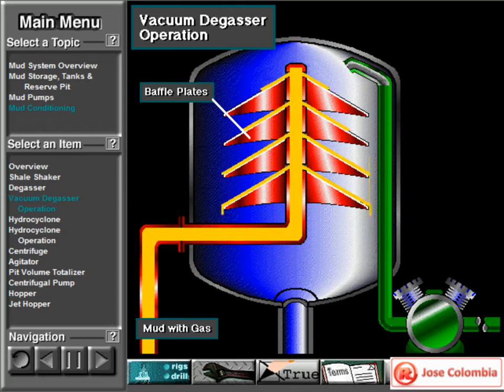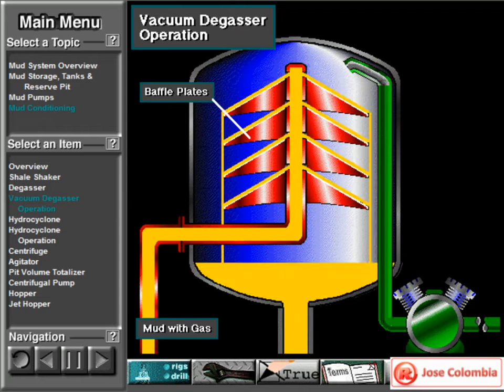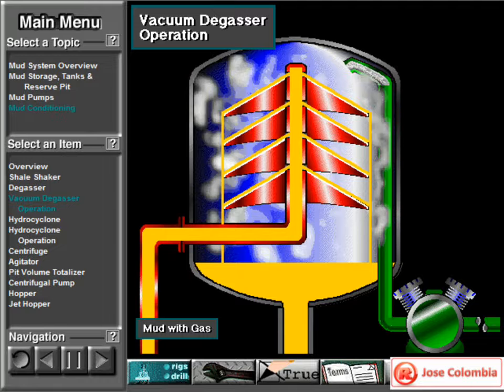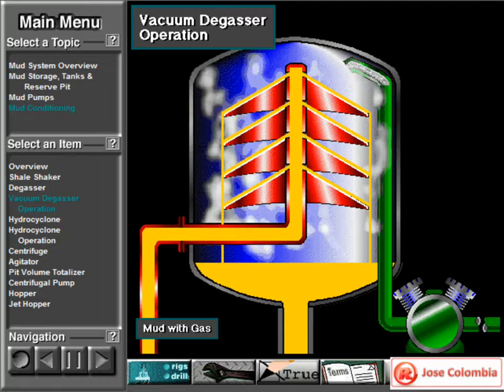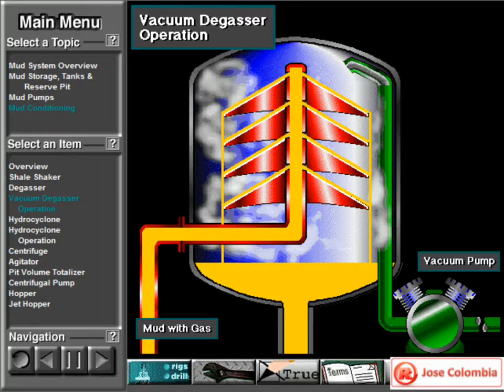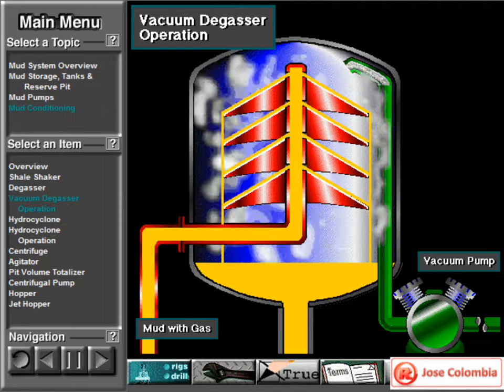In a vacuum degasser, mud with gas in it enters at the top and spills out over several baffle plates, a spreader. Spreading out the mud presents a large surface area for the gas to break out. Also, the vacuum pump creates a vacuum, pressure lower than the surrounding atmosphere, inside the degasser.